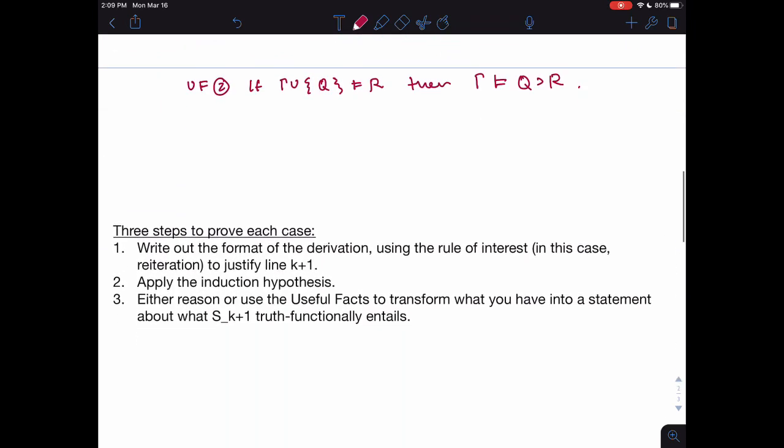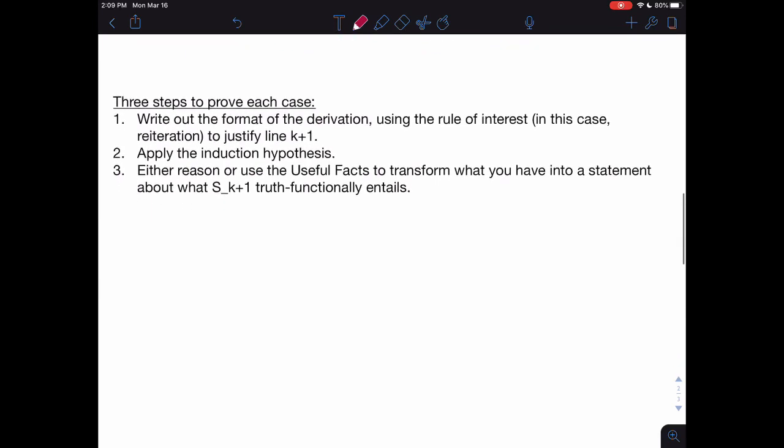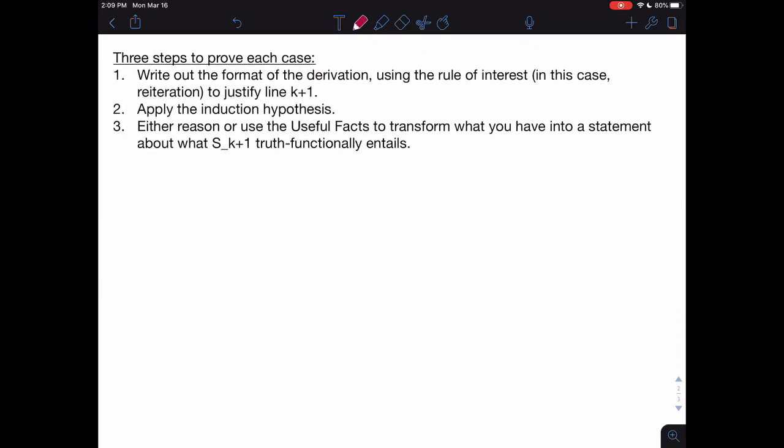Even though some of the proofs are a little more complicated than others, they all involve the same three steps. The first step is to write out the format of the derivation using the rule of interest to justify line k plus 1. Because we're starting with reiteration, the rule of interest is reiteration. So I'm going to write a schema of what the derivation would look like.